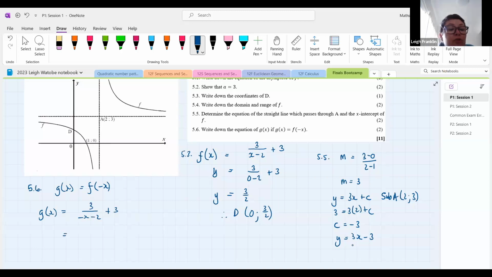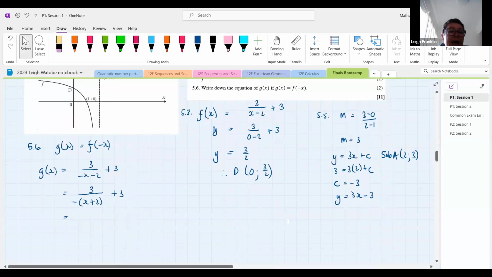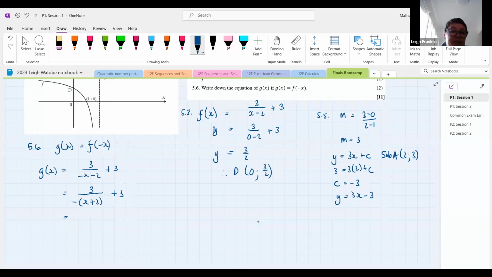And then what we do is we factorize out the negative at the bottom. So that would give us x plus 2 plus 3. And a positive value divided by a -1 is going to give us a negative, isn't it? So we've got our positive at the top, we've got our negative at the bottom. So we can then write this as -3 over x plus 2 plus 3.